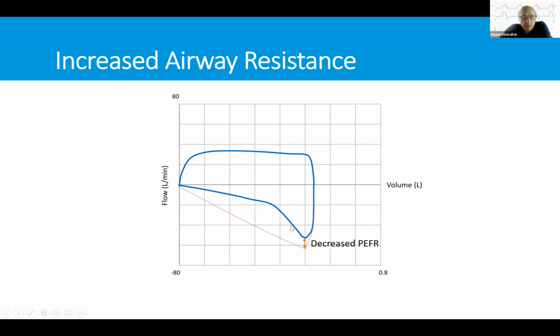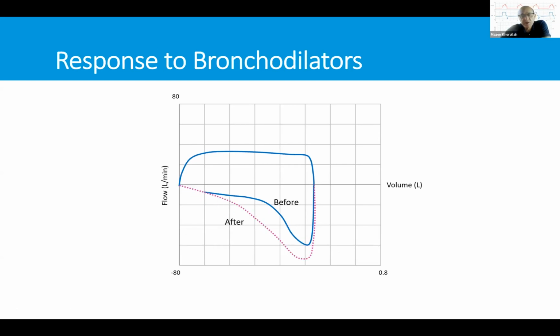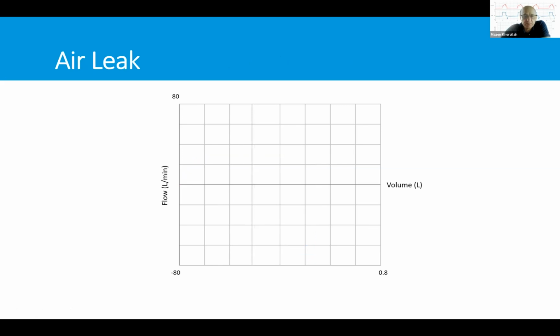And then you can see limitation on the flow in expiration. This is because of the increased resistance in the airway. If you give this patient a bronchodilator, you can improve the peak expiratory flow, and you can relieve some of this obstruction after the bronchodilator is used.